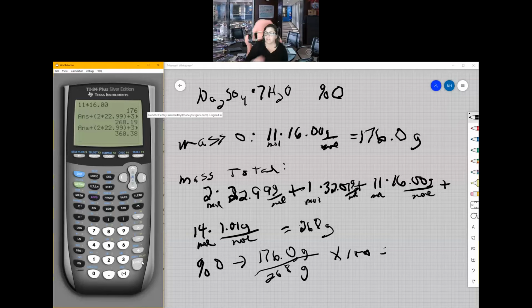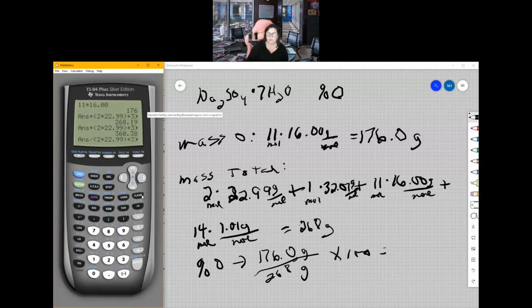And it gives me 360.38, which of course is going to give, wait, what the hell? Oh, I added, that's not what I wanted. So let me fix that. And I know that number's not right because it's over 100, so it can't be that. So it's this divided by that.